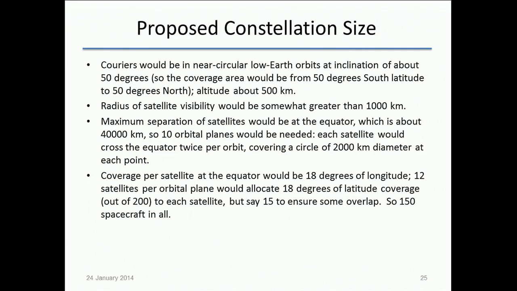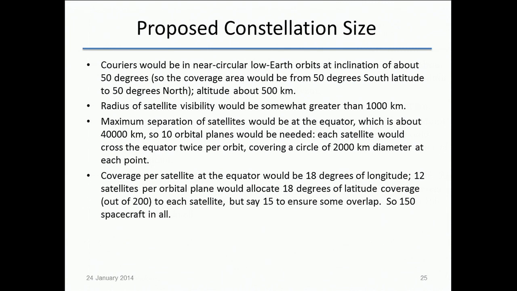The altitude would be about 500 kilometers, and at that altitude, the radius of satellite visibility, that is, how much of the ground can see the satellite and the satellite can see at any moment, would be a little bit greater than 1,000 kilometers. So the diameter of the circle underneath the satellite at any time would be about 2,000 kilometers.